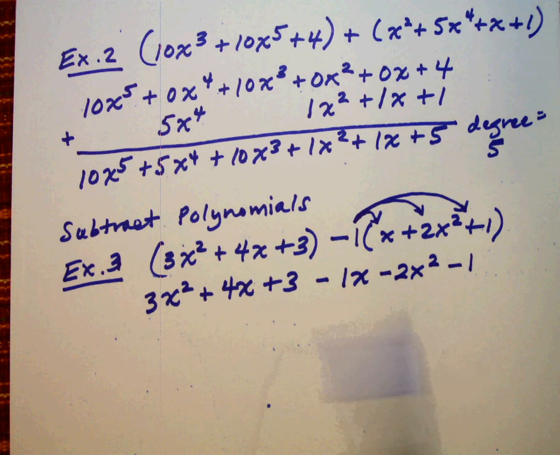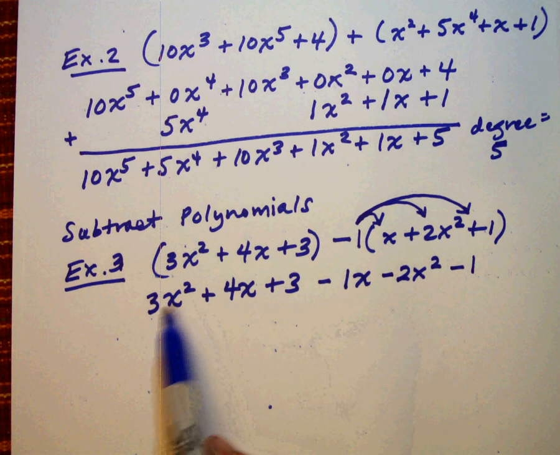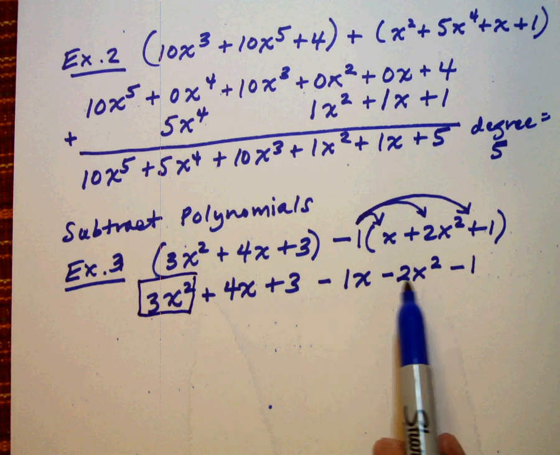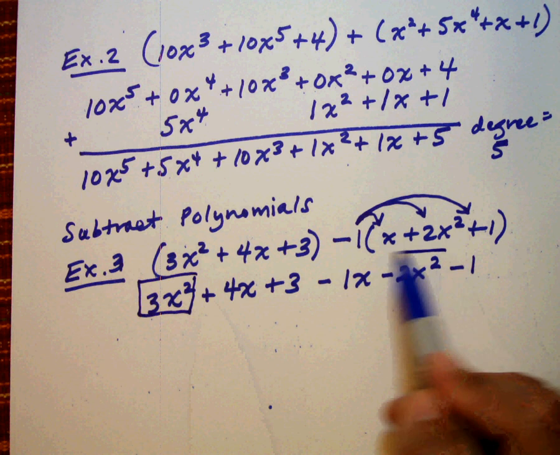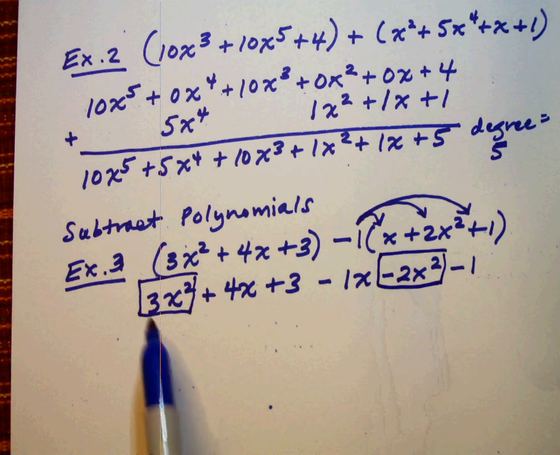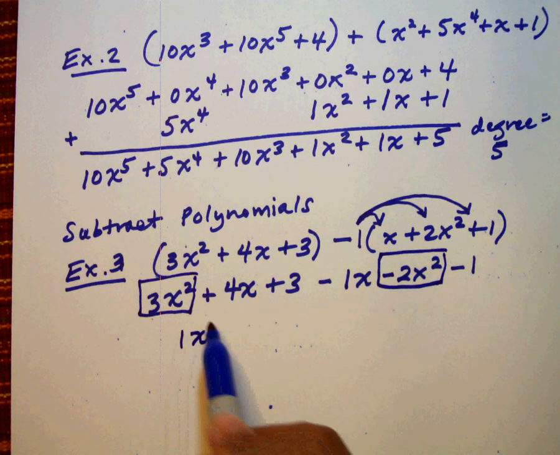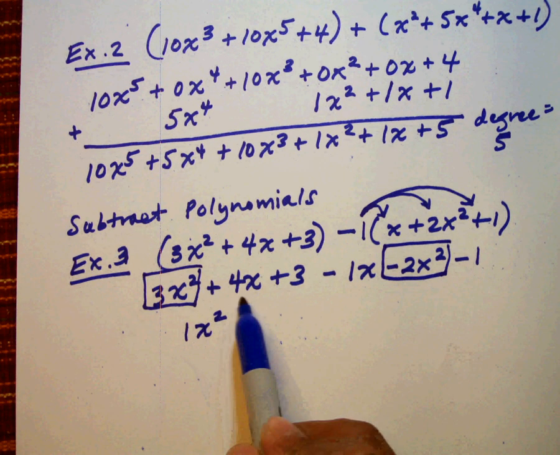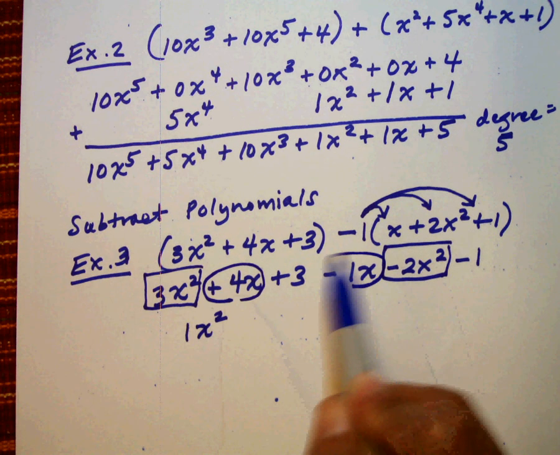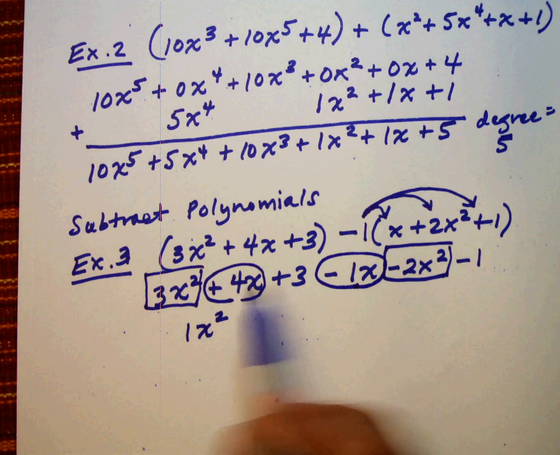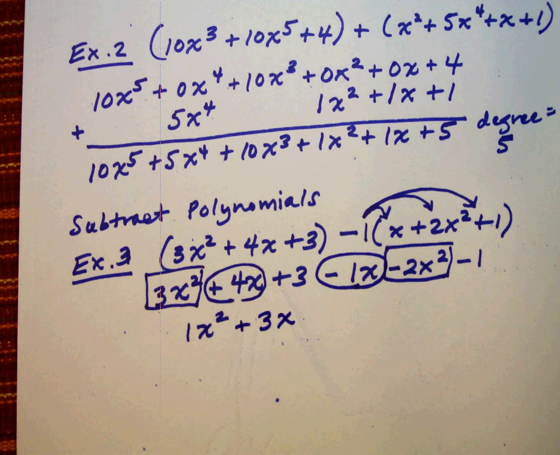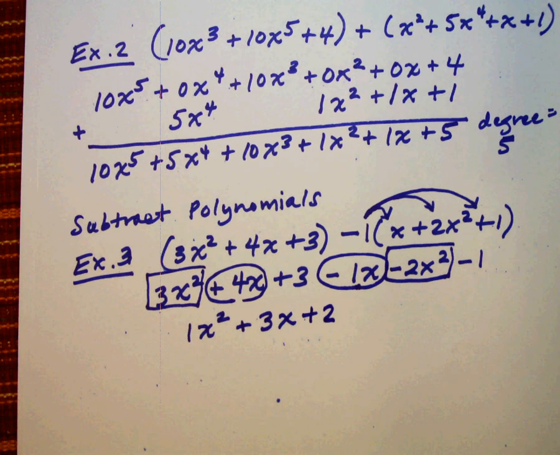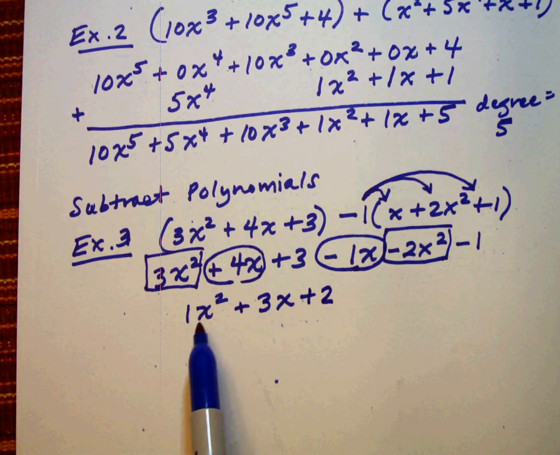I'll look for my x squared: I can box this 3x squared, and I have another term, minus 2x squared. 3x squared minus 2x squared is 1x squared. You don't necessarily have to put the 1. Now 4x minus 1x is a positive 3x, and 3 minus 1 is a positive 2. So 1x squared plus 3x plus 2 is my answer.